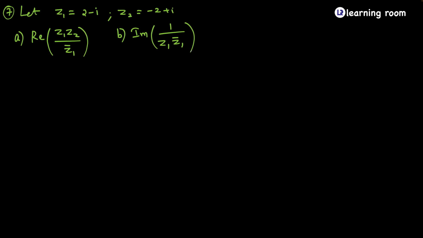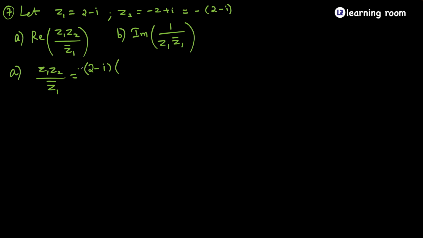So before we find the real and imaginary part, solve that operation. For the A part, we have Z1 into Z2 divided by Z1 conjugate, no? So what is Z1 into Z2? It is 2 minus i into, observe, if I take the minus sign outside, can I write this as minus of 2 minus i?